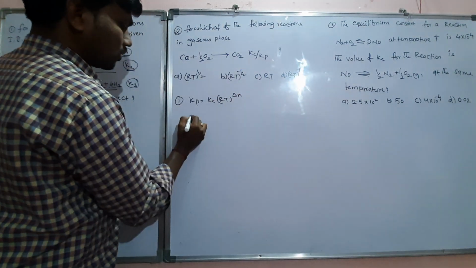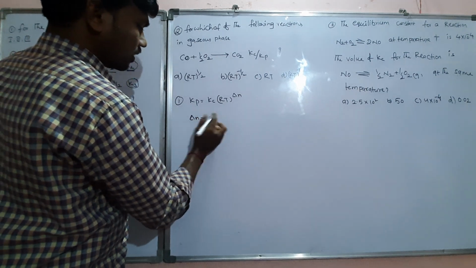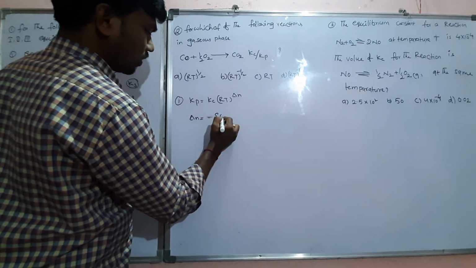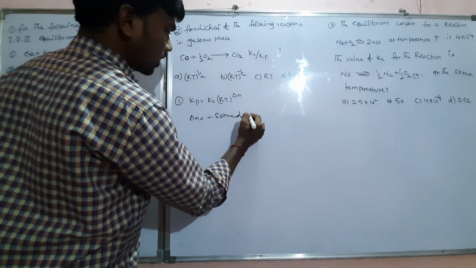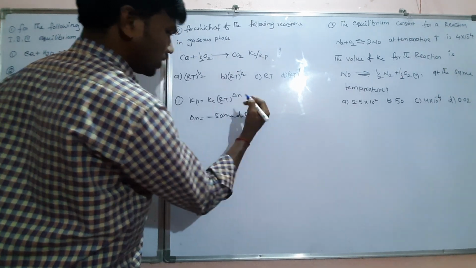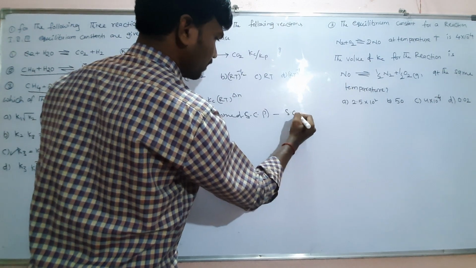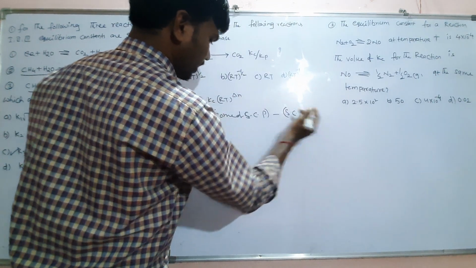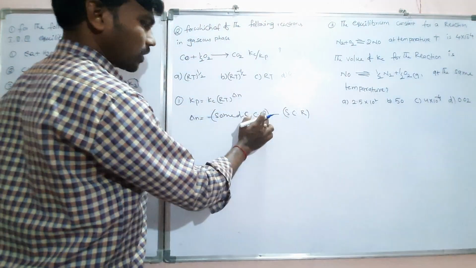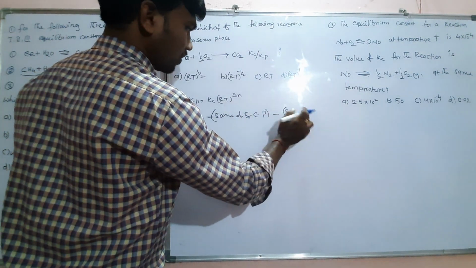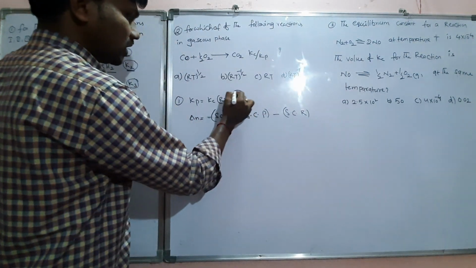This is the relation. Delta n is the sum of the stoichiometric coefficients of the products minus the sum of the stoichiometric coefficients of the reactants. That is the delta n value.